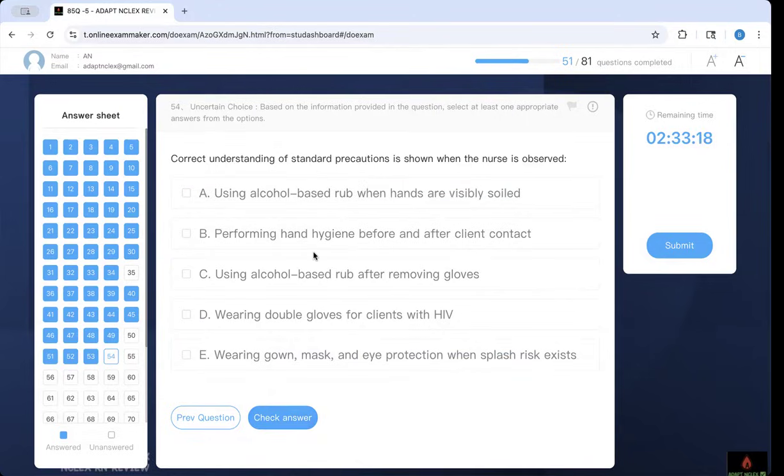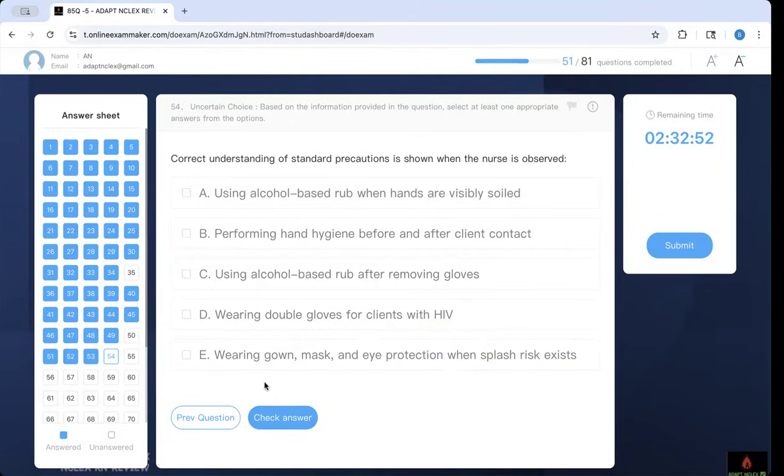Performing hand hygiene before entering and after client contact. Using alcohol-based rub after removing gloves. Wearing double gloves for a client with HIV. Wearing gloves, masks, eye protection when splash risks exist. What would you choose? What is your priority? Which one do you think you should worry about?